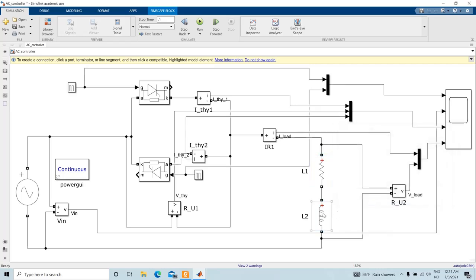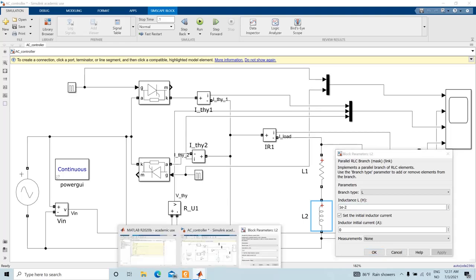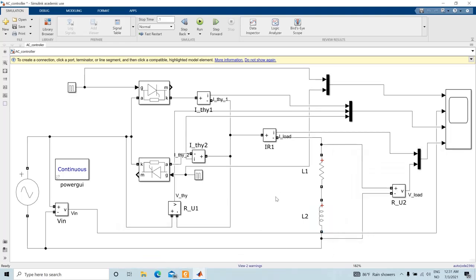So first let's start with a lower value of the inductance. Our omega is twice pi f, which corresponds to twice pi f, that is 314.